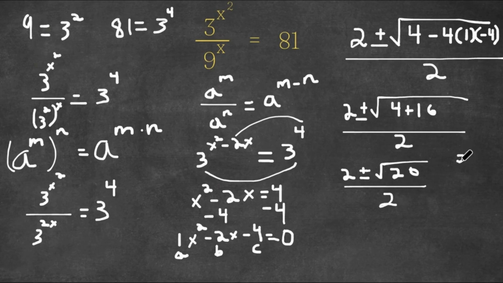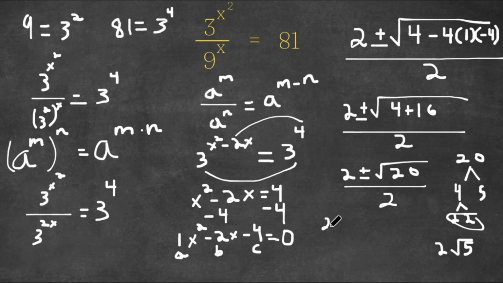Now 20 is 4 times 5, right? And 4 is 2 times 2. I'm going to do prime factorization so that we can simplify this. So the square root of 20 is equal to 2 root 5.